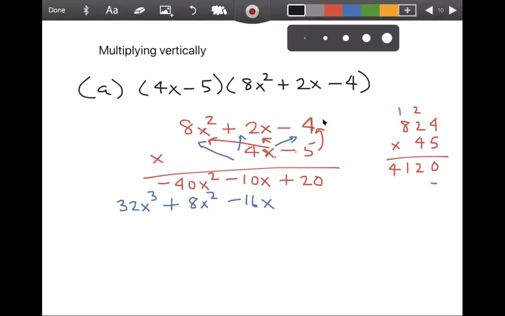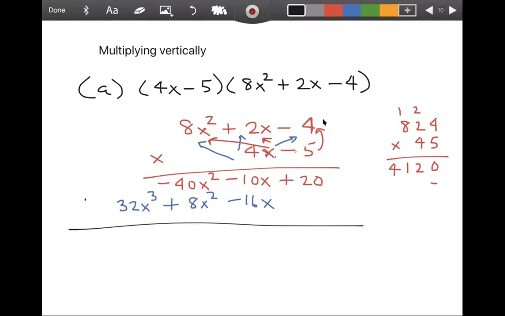And then when you add those all together, you end up with 32x cubed. Negative 40 plus 8 is negative 32. That's an x squared. Negative 10 plus negative 16 is minus 26. And then just bring down the 20.